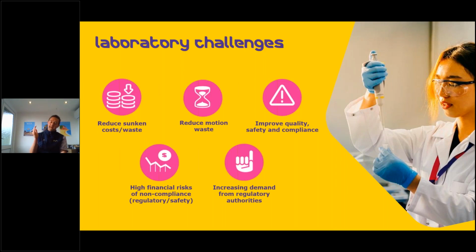There's always a struggle and a drive to improve the quality of what we do in the laboratories, and with that comes, how do we keep improving safety? And with all of these things, how do we stay compliant?